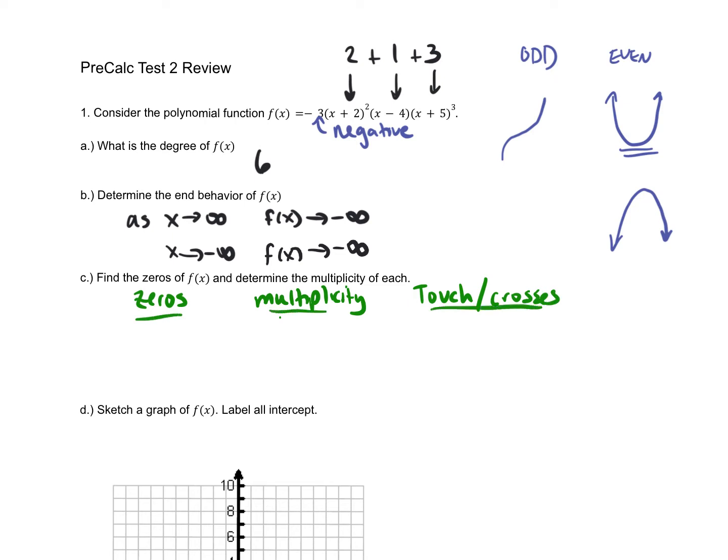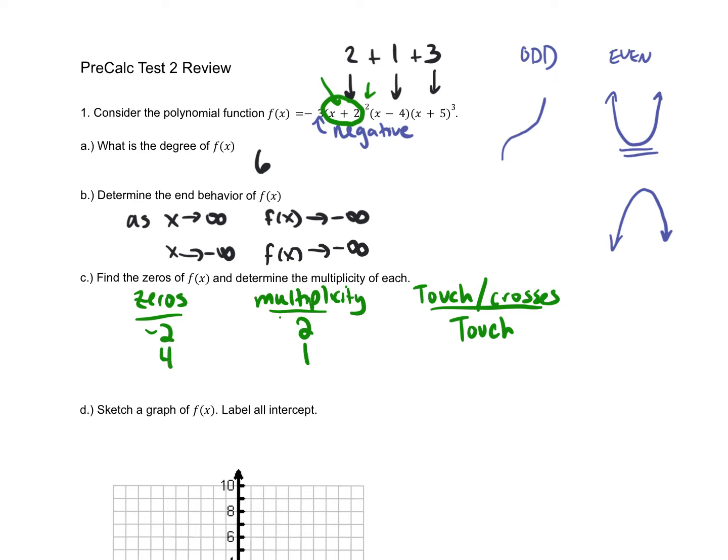So each one of these factors is going to produce a zero because it's already in factored form. This first factor, x plus 2, will give us negative 2. And its multiplicity is 2 because its exponent is 2. And remember, if it is even, then it is going to touch the x-axis. Similarly, down here, we know it's 4.